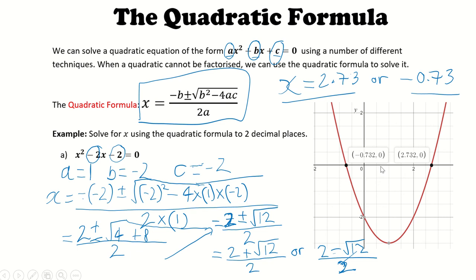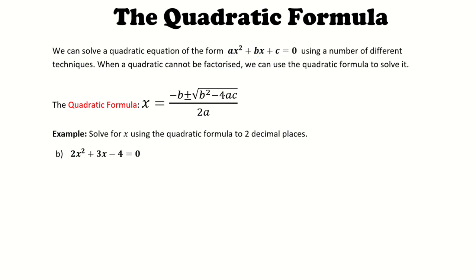I'm just going to step you through the quadratic formula one more time. So the values are: a is 2, my b value is 3, my c value is negative 4.